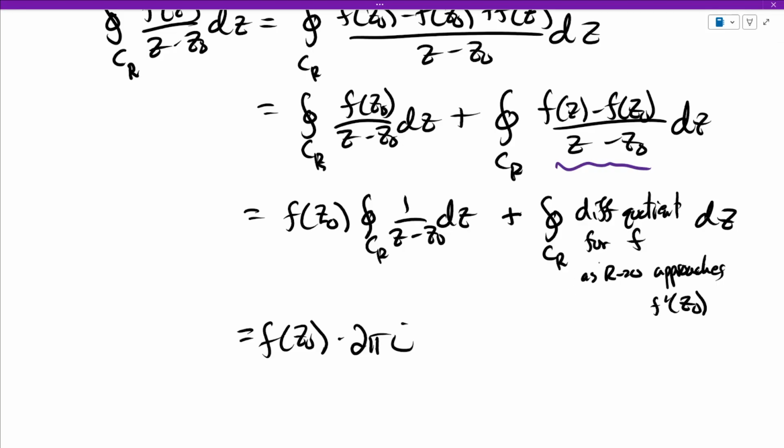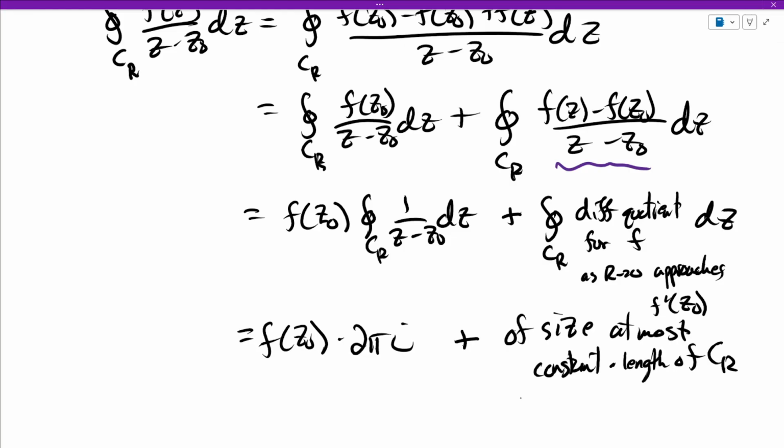And this other guy is of size at most some constant times the length of C_R, which is equal to a constant times 2 pi r, right? Because the length of a circle of radius r is 2 pi r.